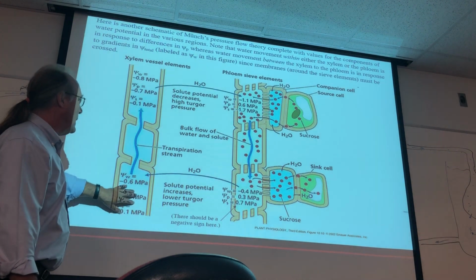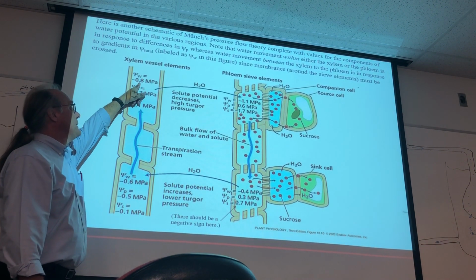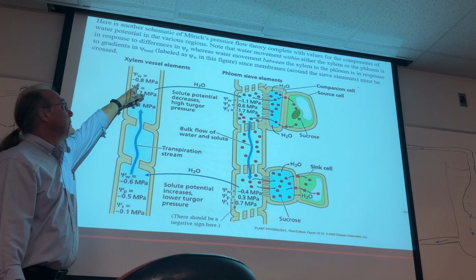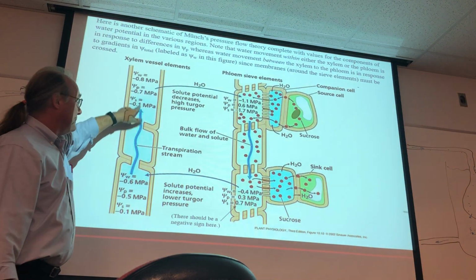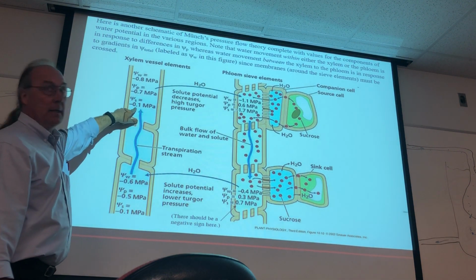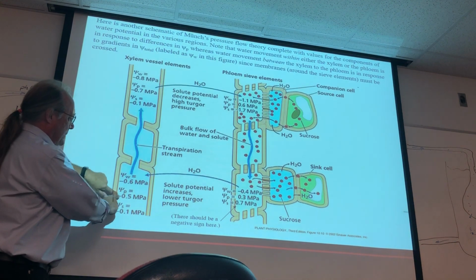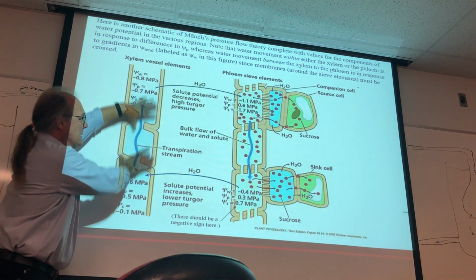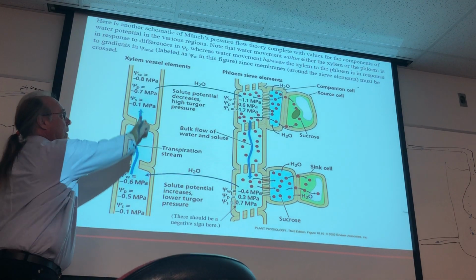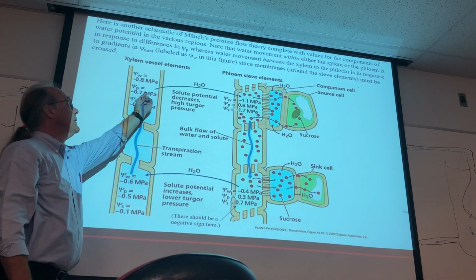Up here, further in the plant, the total water potential may be -0.8 megapascals. That's comprised of -0.7 pressure potential and the same solute potential, the same osmotic potential. So here we have a gradient in pressure from -0.5 to -0.7. Since it acts like an open tube, the water moves this direction in the xylem. The water's moving up here.